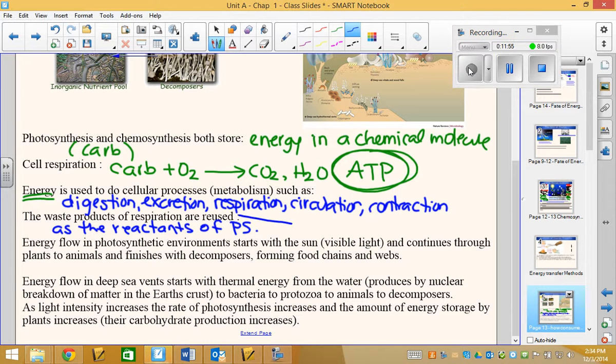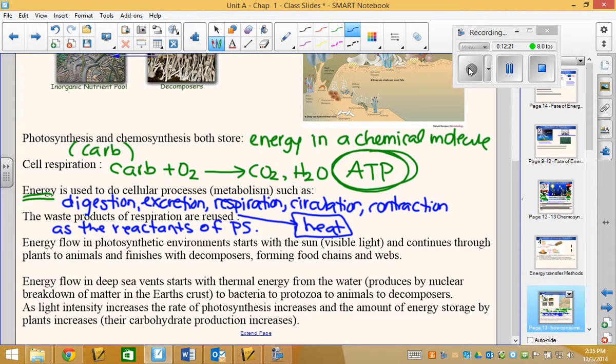Now another waste product of cellular respiration is heat. And I'm going to mention that separately. Cellular respiration, like a lot of other chemical reactions, will produce a bit of heat. Now this heat could be useful. For example, when you shiver, your heat is useful. It's warming you up.